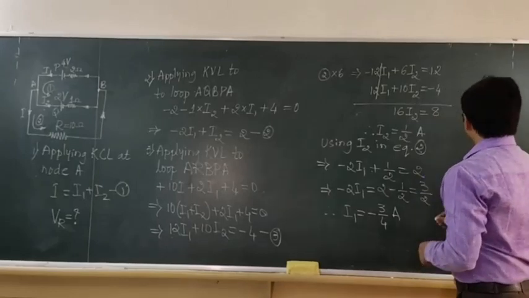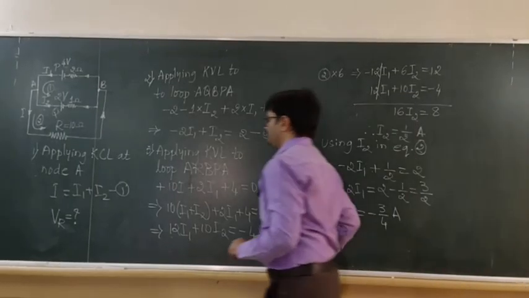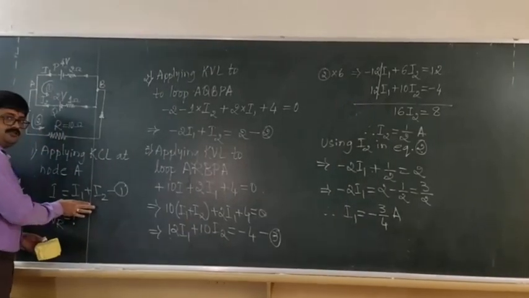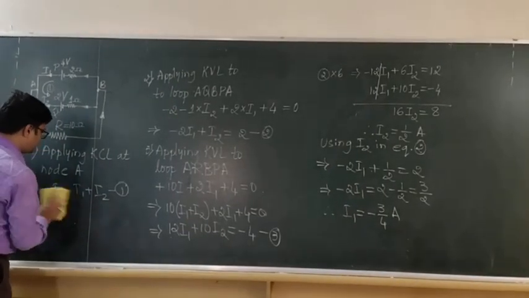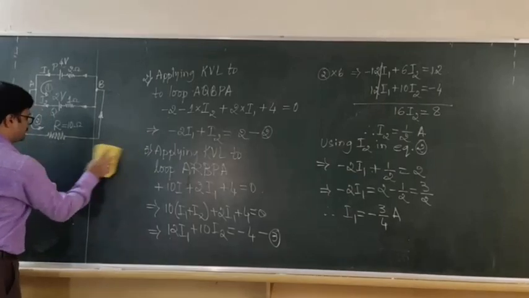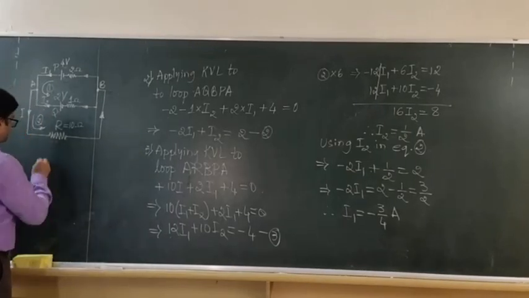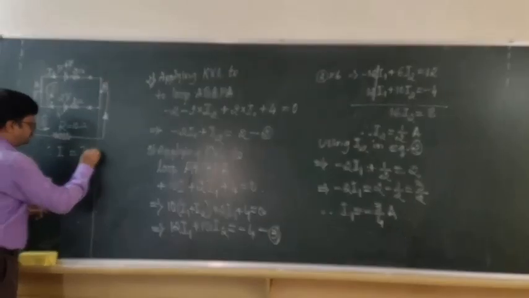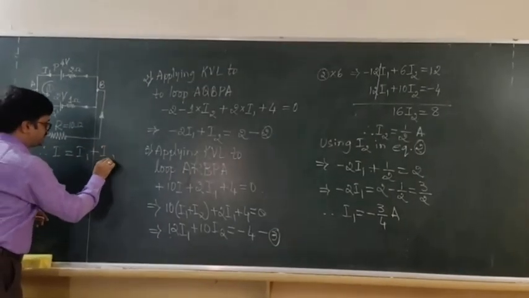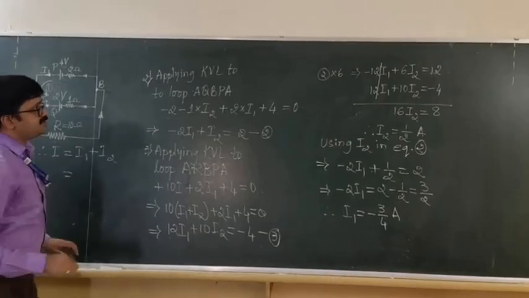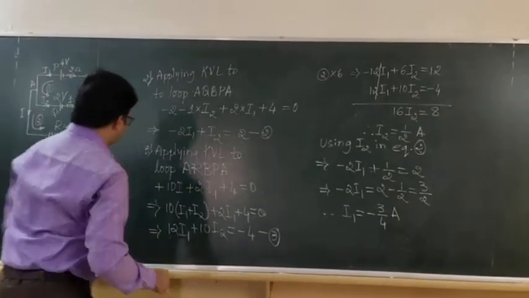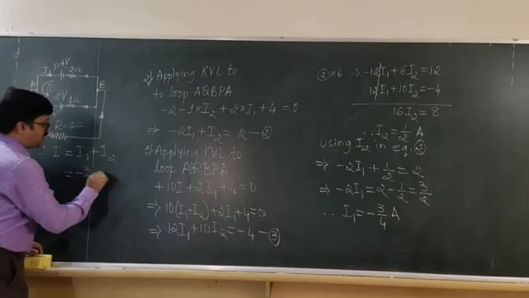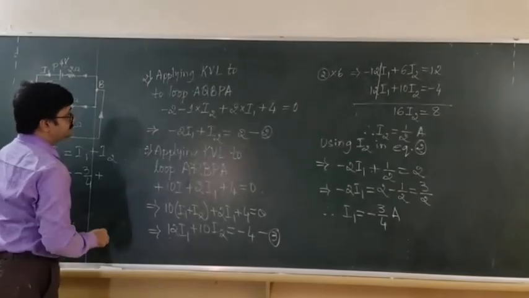Now finally, last step, we will apply the I1 and I2 values in this equation. Therefore, current I is equal to I1 plus I2. I1 is minus 3 by 4 plus I2, which is 1 by 2.